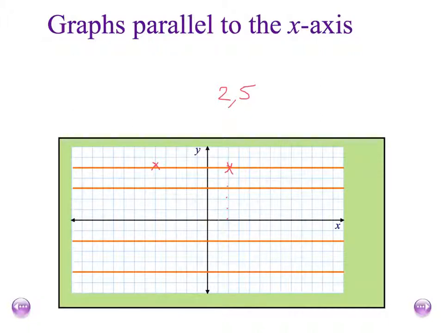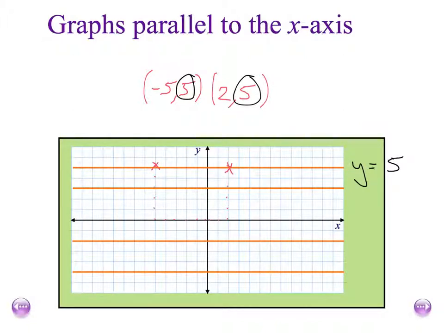In the second point, I've gone along 1, 2, 3, 4, 5 in the negative direction, and up 5. These are 2 of the coordinates on the line, and what do they have in common? Y is the same, so y equals 5. And the other lines, you should have y equals 3, y equals minus 2, and finally y equals minus 5.